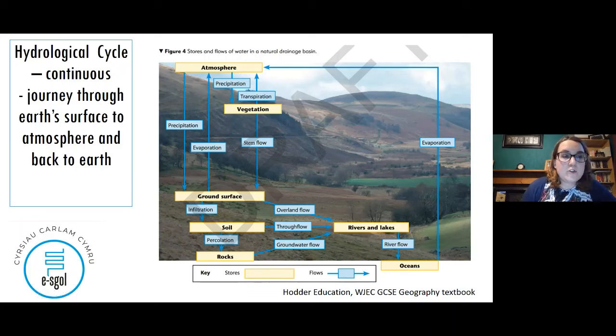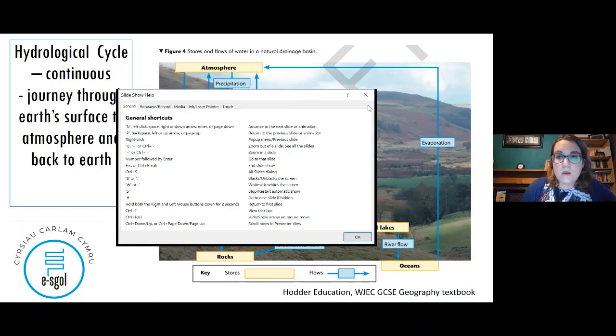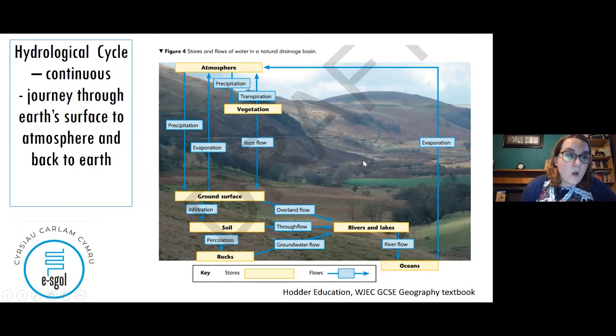So the heating of the Earth's surface by the sun leads to evaporation of water. When the water vapor rises and cools, it then condenses to form clouds.